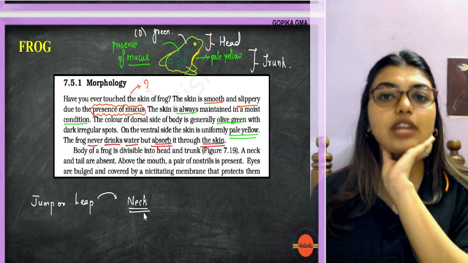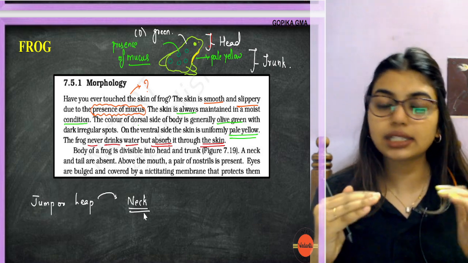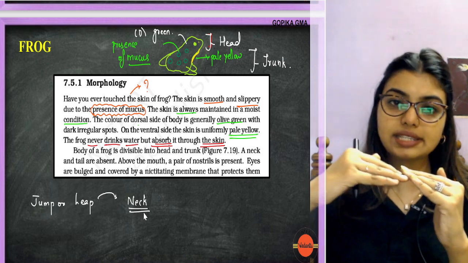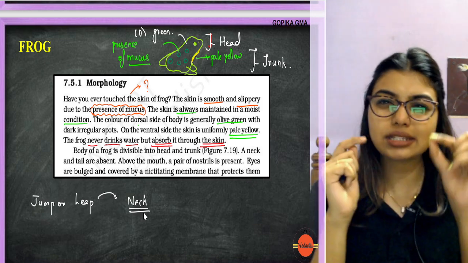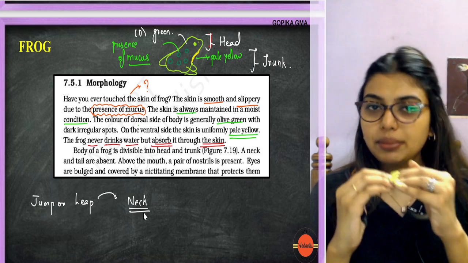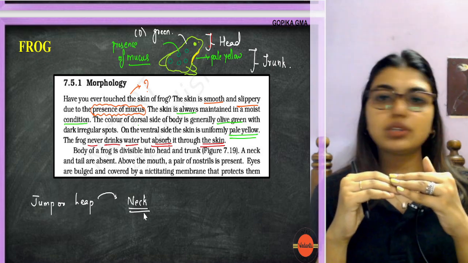When we jump, our neck moves, right? So that unnecessary thing is not there. But between the head and the trunk there is a slight flexible membrane, not like a neck, for them to do slight movement.